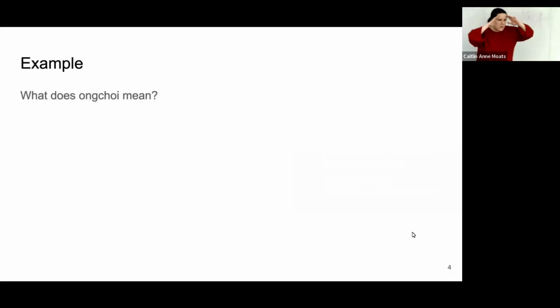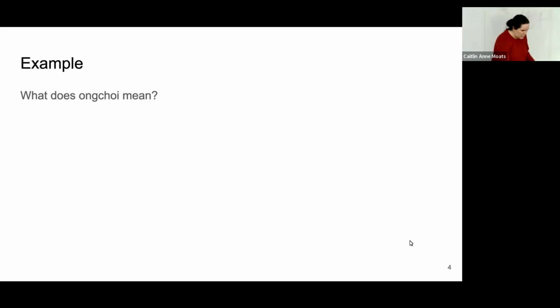Okay, so to motivate this, I want to walk through an example of what we do when we see an unfamiliar word. It's possible that some of you in this room know what ong choi is. For the sake of argument, let's pretend that we don't know what it is, if you do. I'm going to ask, what does ong choi mean?